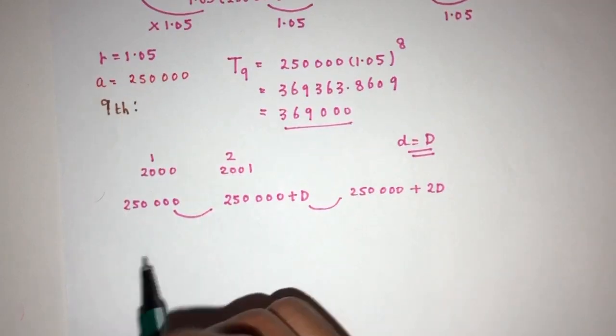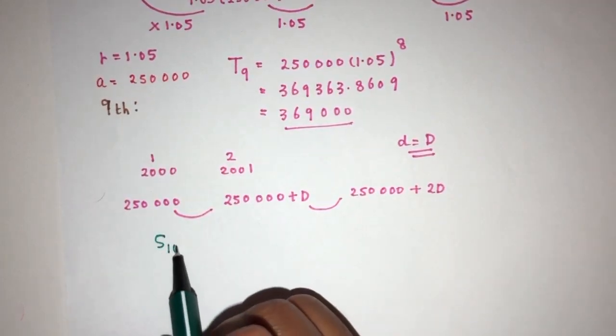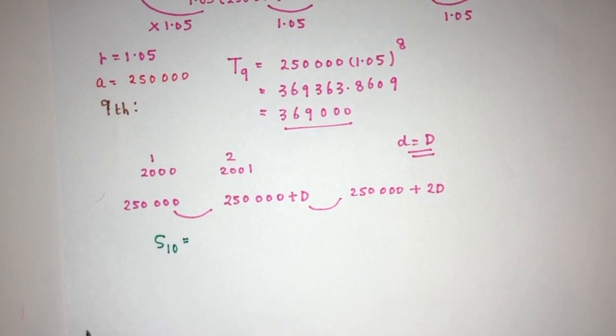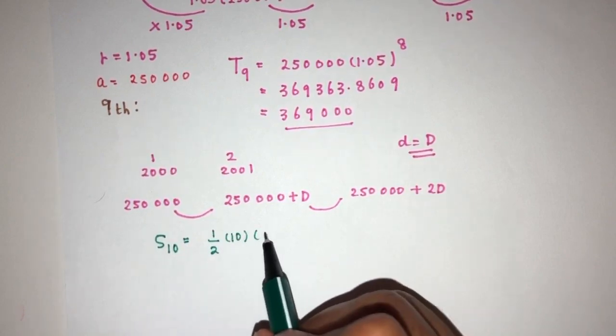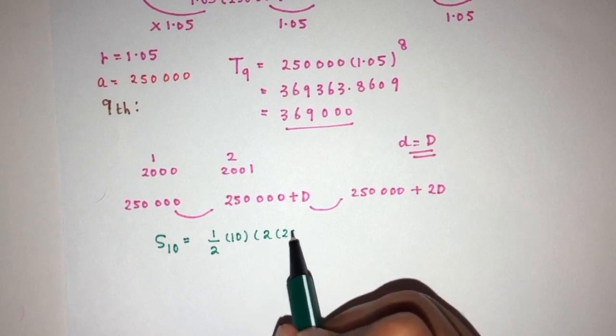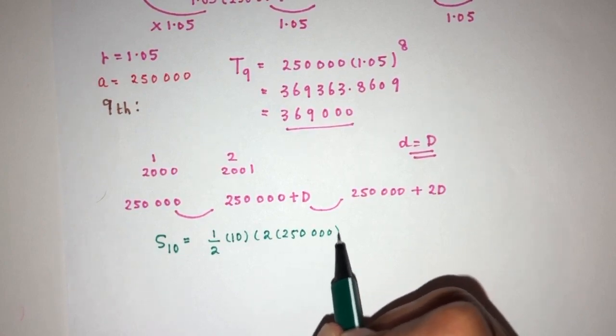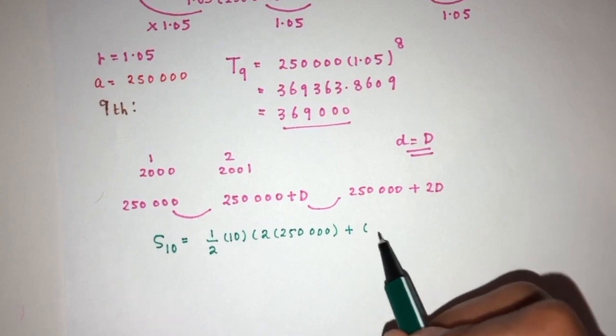The sum of the first 10 terms for an arithmetic progression is half times n times (2a plus (n minus 1) times d).